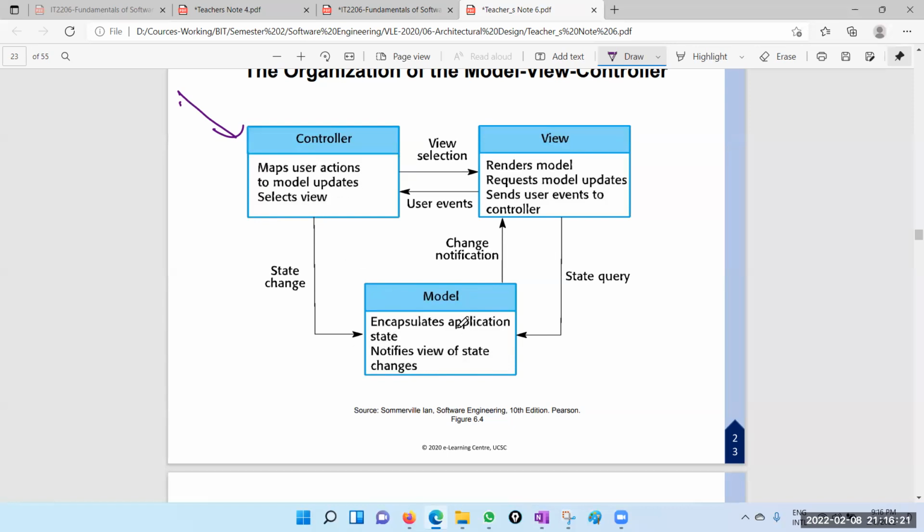So that means the controller calls the relevant models. And models are the ones that communicate with the data or database. Okay. And it will generate the result. Maybe just a success or fail, if it is an update or delete or insert. But if it is a retrieval, now your model has the required data taken from the database.